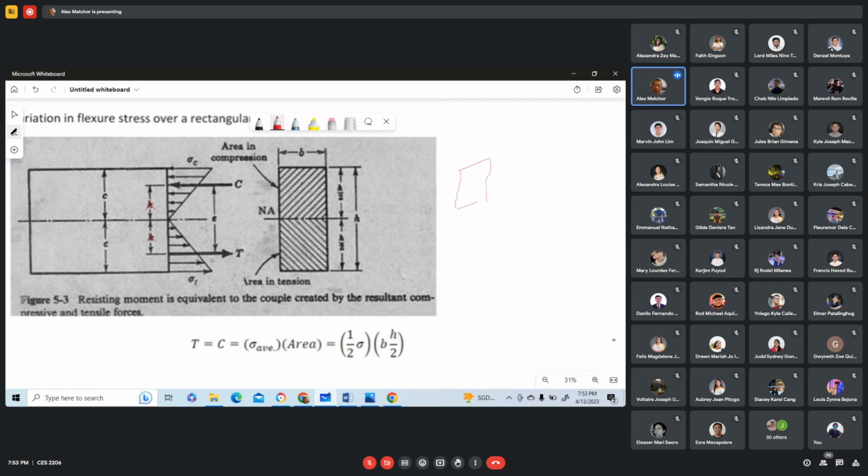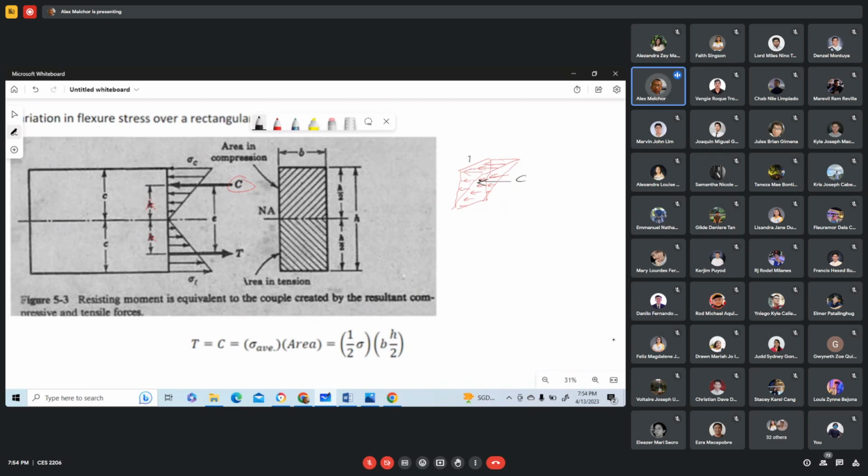So if we do the 3D, it looks something like this. So that C there is acting right here, like that.